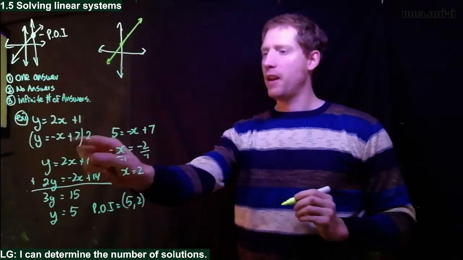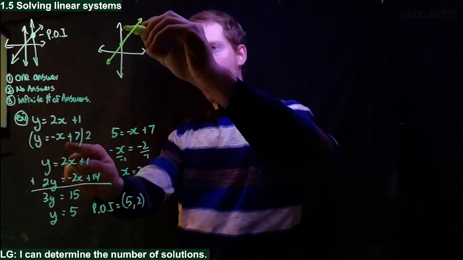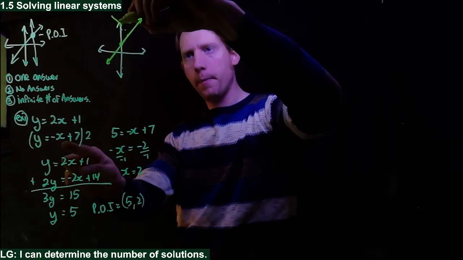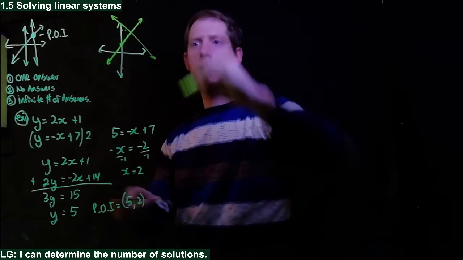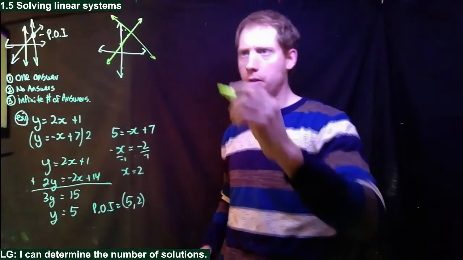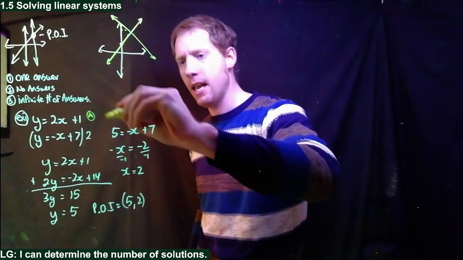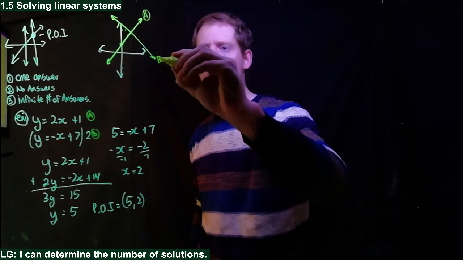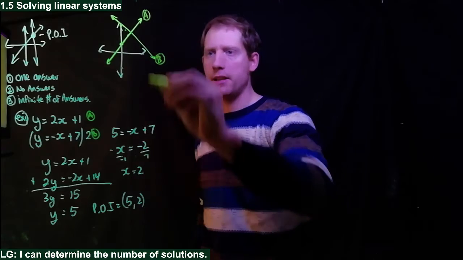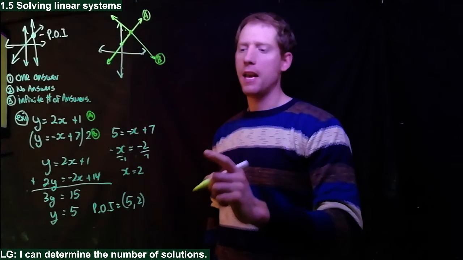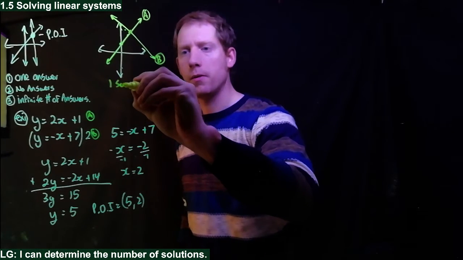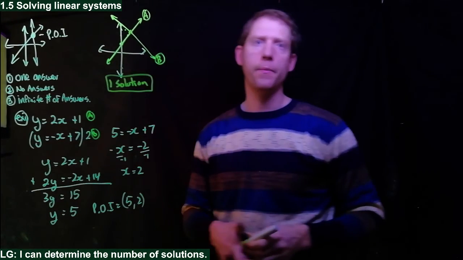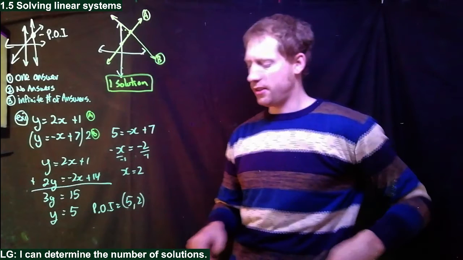My second line, I start at positive 7, but I have a slope of negative 1 over 1. And that's what the actual graphs look like. We can call this equation A and equation B. And the point is 5, 2. In this case, we have one solution. But this is not always the case.